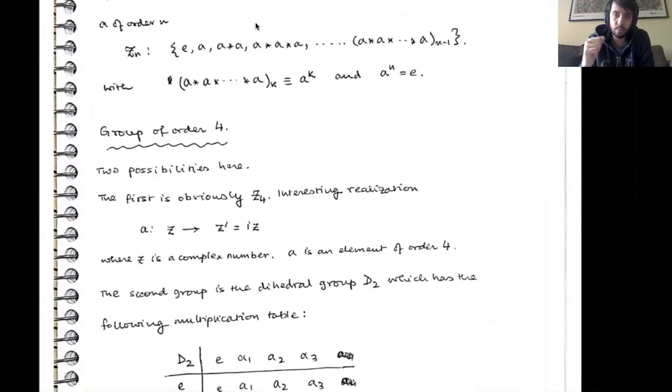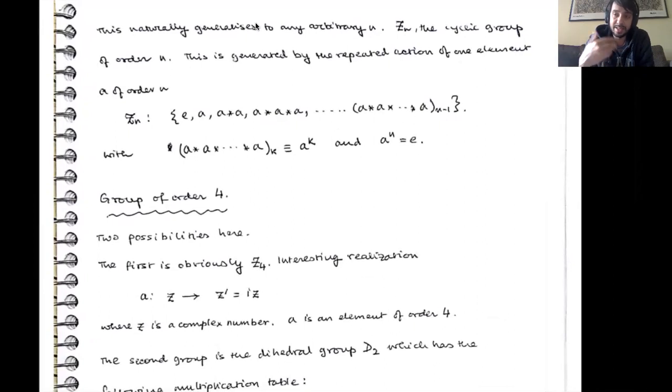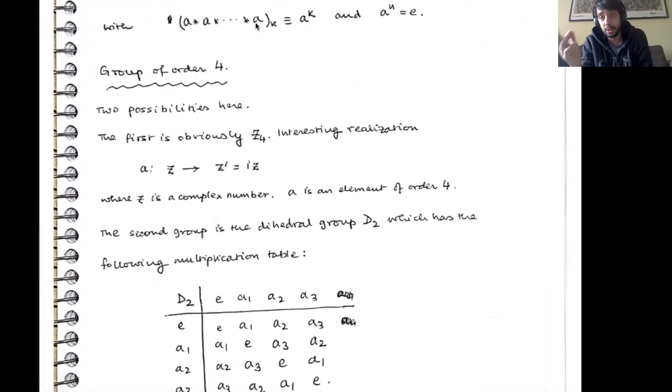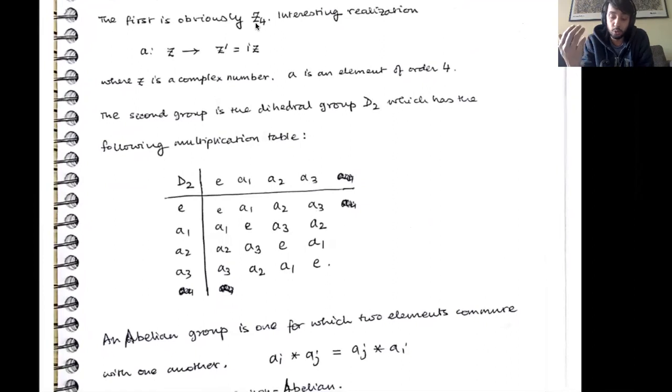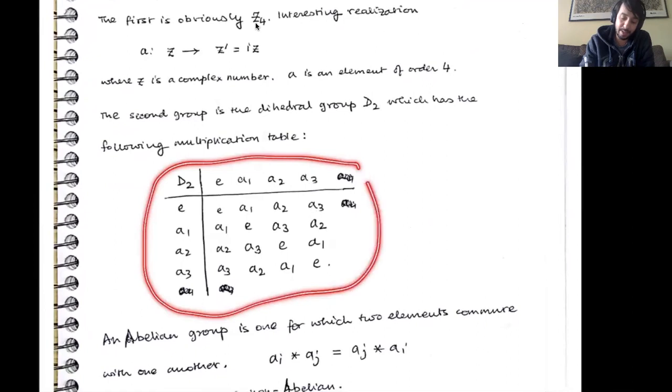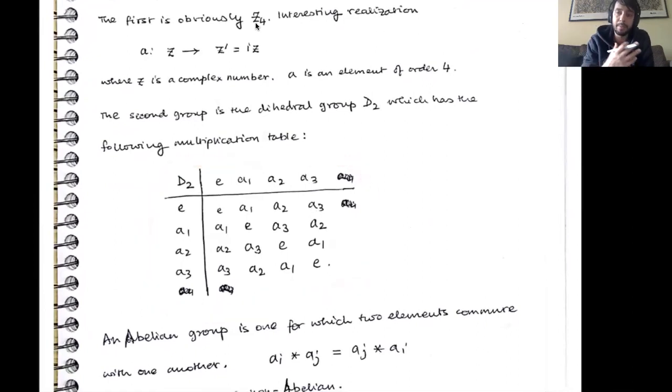When we moved on to groups of order 4, we saw that there were interesting possibilities. We spoke about Z4, which is a cyclic group of order 4, a particular example of Zn, which is a cyclic group of order n. But we then spoke of another group, called the dihedral group D2, which had some other multiplication table.